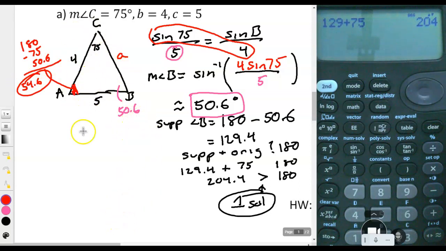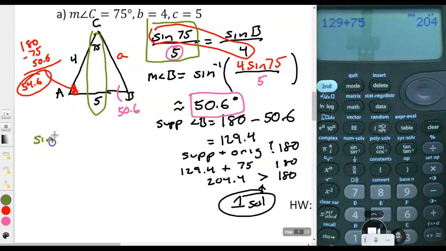And then lastly, you have to find the missing side, which, this is not a right triangle, so you can't use the Pythagorean theorem with 4 and 5. It'd be very tempting to say, oh, it's a 3, 4, 5. I see 4 and 5. But it's not a right triangle, so we can't use it. So we've got to use the law of sines one more time. Use the same values here.